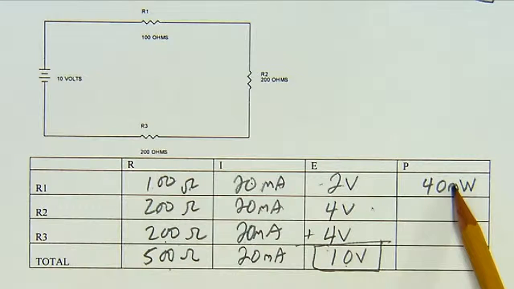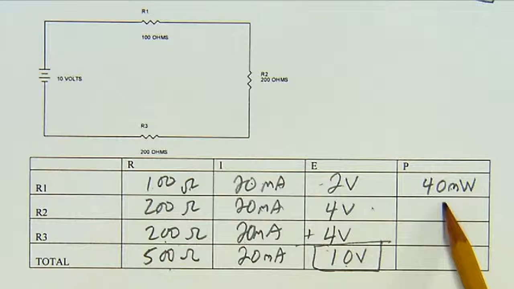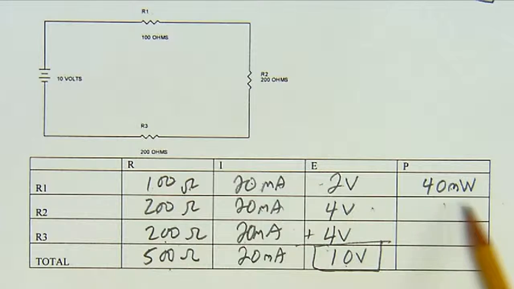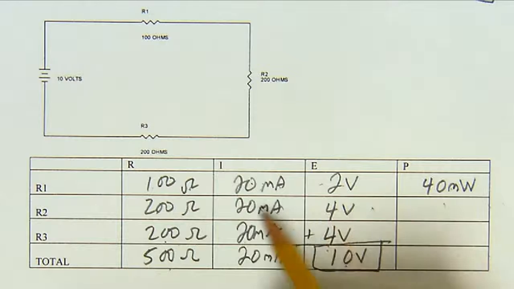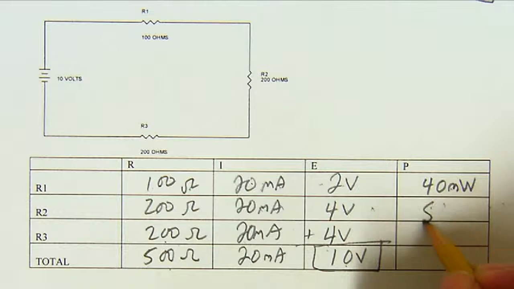Well, my answer is going to have to be a milli something. Here it's milliwatts, because it can't be 80 watts because my current's so small. So 20 milliamps times 4 volts, we get 80 milliwatts.